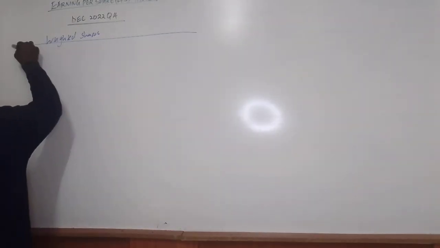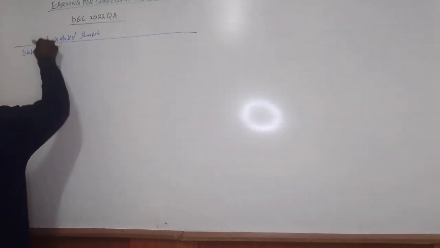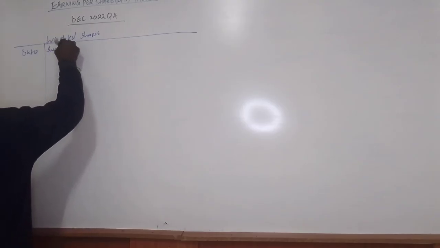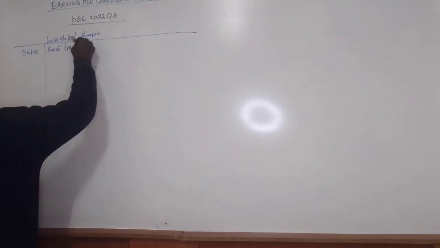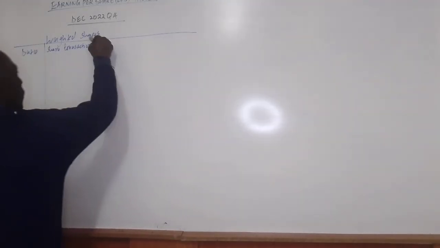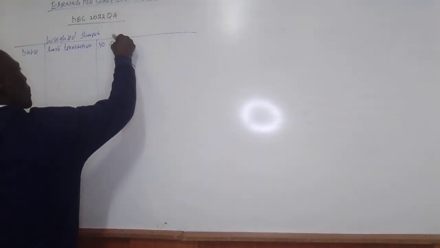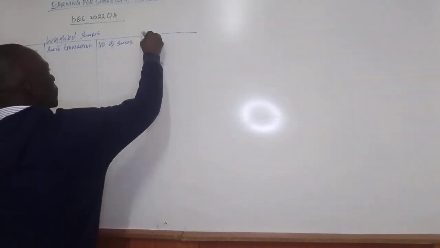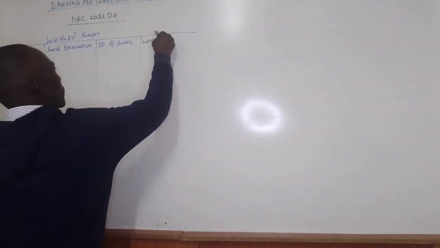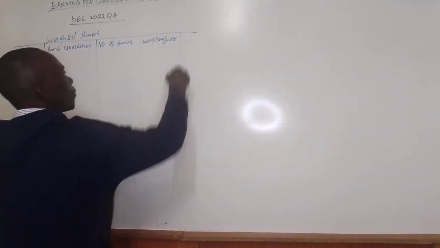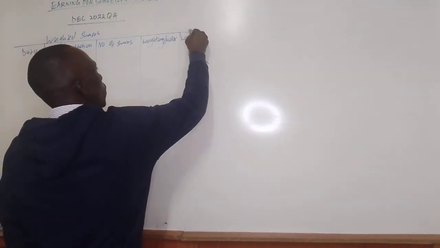How are we going to compute the weighted shares? We have a table where our table will start with the date. Then from the date we have the share transaction, then the number of shares, then we have the weighting factor, and we have the weighted shares.